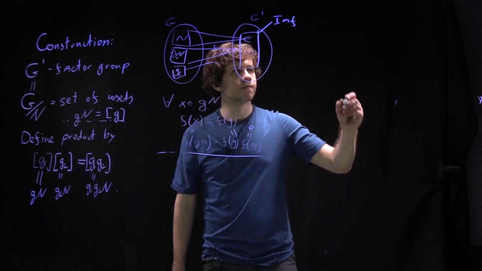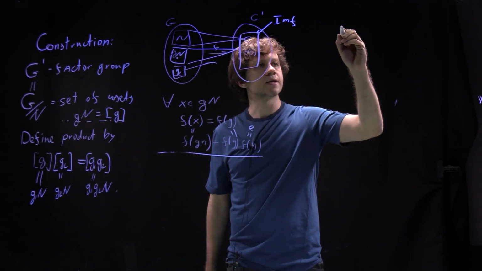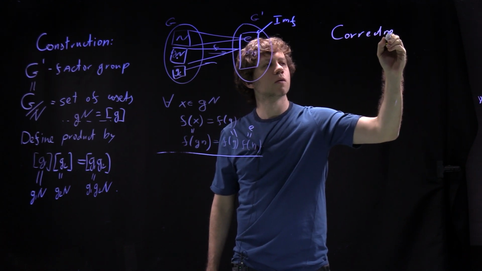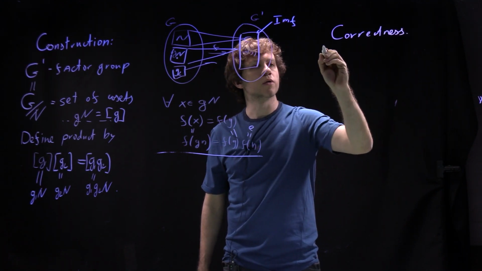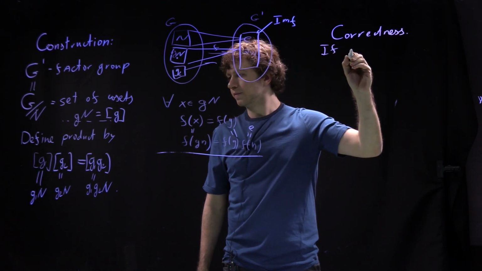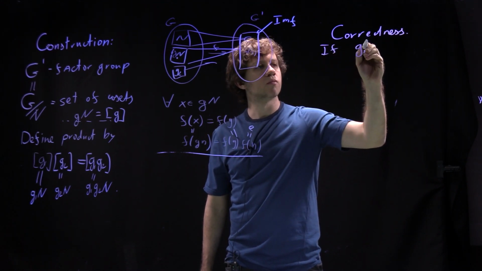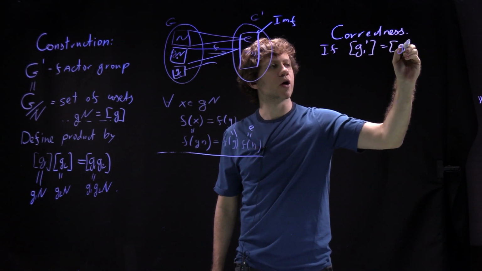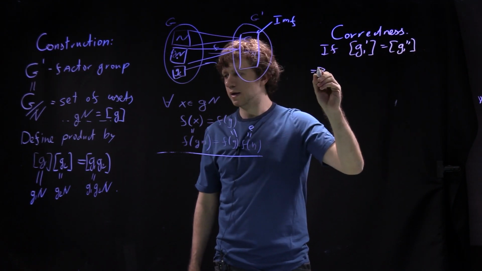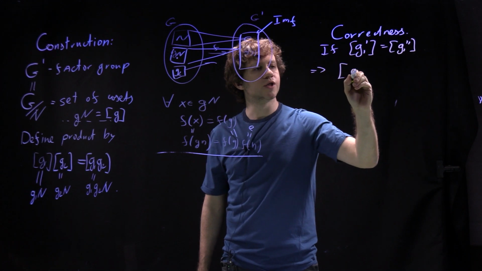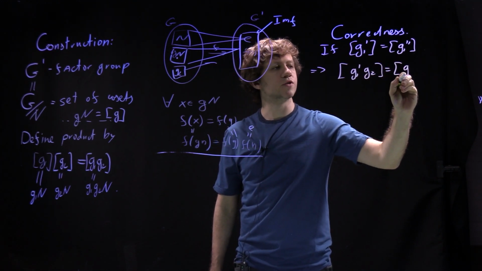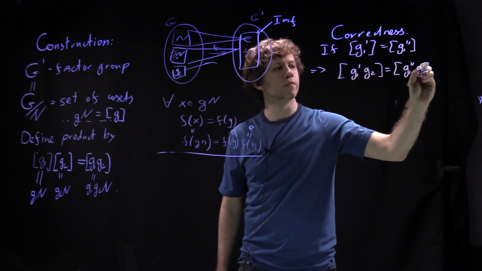So what does correctness mean? If the class of g1 prime equals the class of g1 double prime, then the class of g1 prime g2 equals the class of g1 double prime g2.